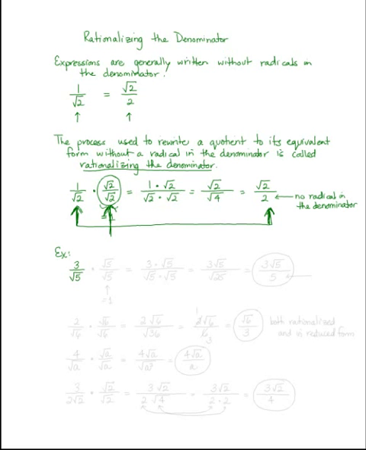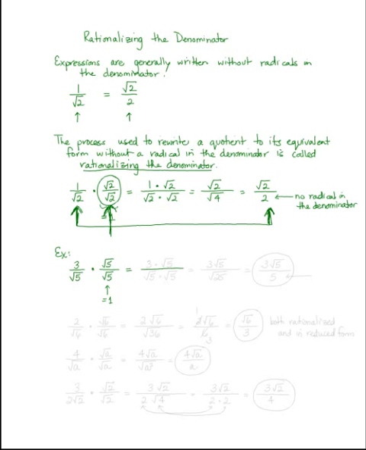If I want to get rid of the square root of 5, I'm going to multiply both the numerator and denominator by the square root of 5. Again, remember, this particular fraction equals 1. So I'm not changing the value of my original fraction. I'm just making it look a little bit different. I'm turning it into an equivalent form.